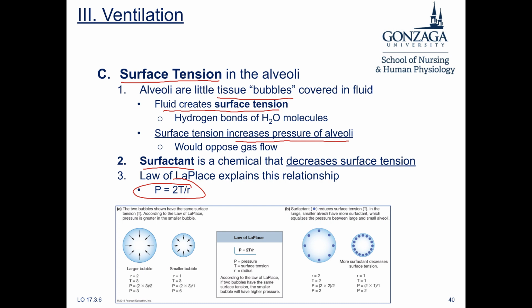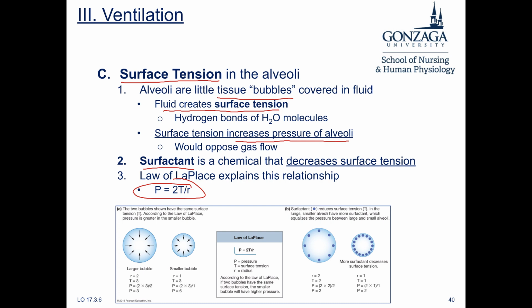So as I mentioned, alveoli are these little tissue bubbles, and they are not all the same size. And what this means is that if we have two bubbles, they're different sizes, according to Laplace, the pressure is going to be greater in the smaller bubble. Okay? So they have different surface areas, but the surface tension will be higher on a smaller bubble.